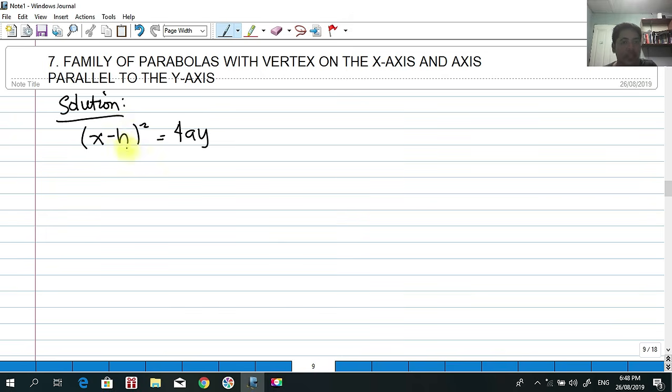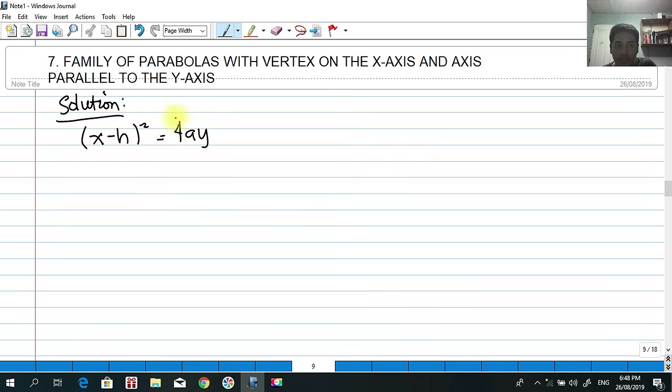It has a vertex on the x-axis and it's opening either upward or downward, and it has an axis parallel to the y-axis. So if we're going to solve this, as we can see, we have two arbitrary constants. We have h and a here, but this 4a is a constant.